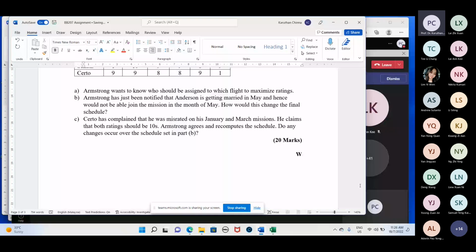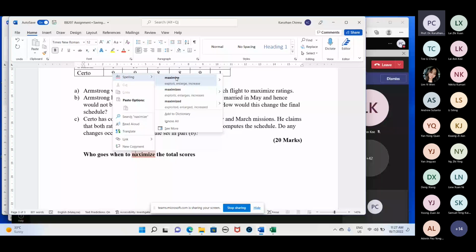Minimize or maximize? Maximize the total score. Who goes where to maximize the total score?